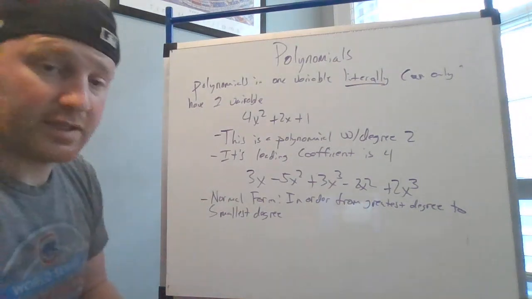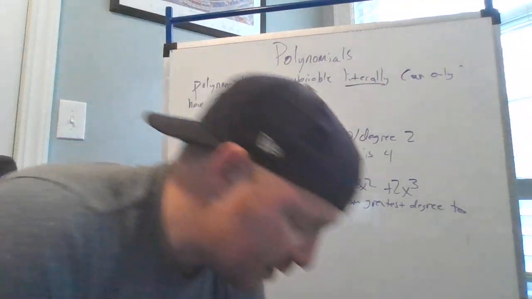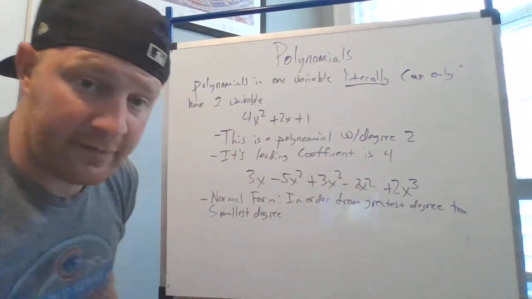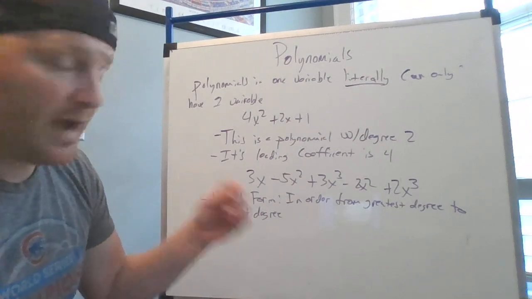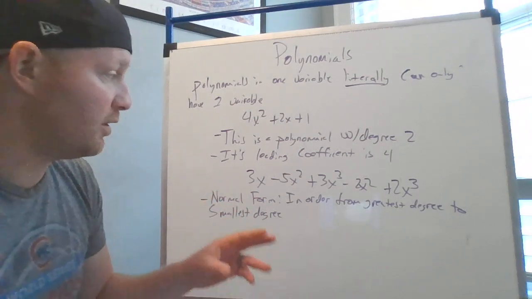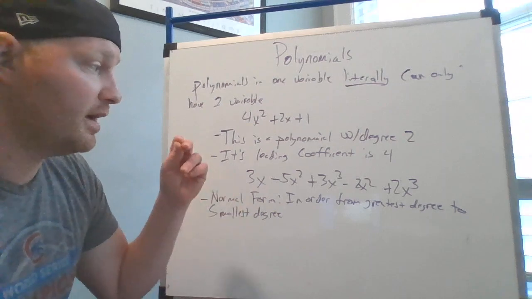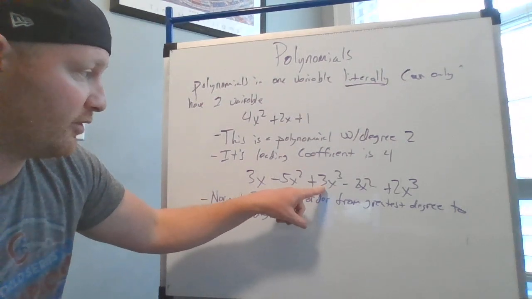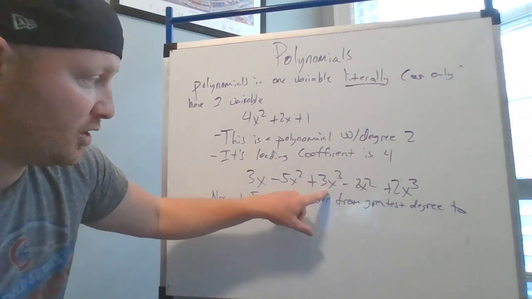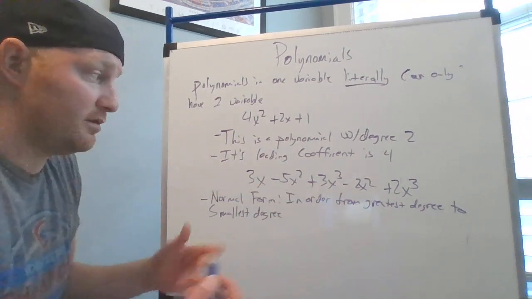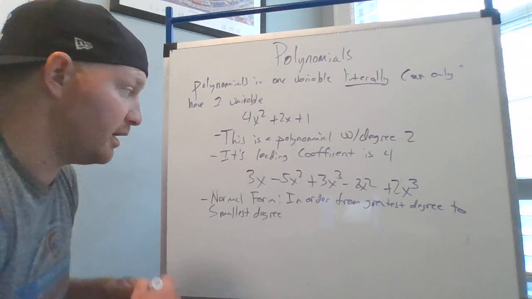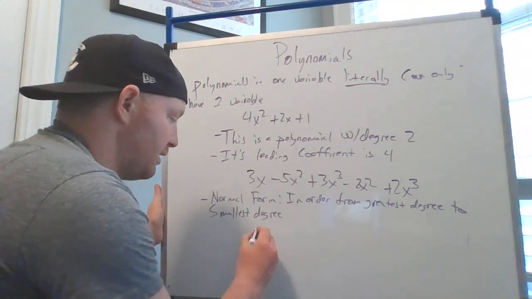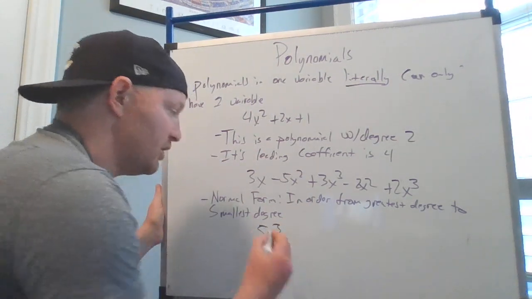So now you must combine all your like terms, and your like terms are now identified by the powers or the degrees they share. So let's combine our like terms in order from greatest to smallest. So in terms of greatest, I got my 3x cubed and my 2x cubed. Those are my like terms, so they both have power 3. So when I combine those, this is now 5x cubed.